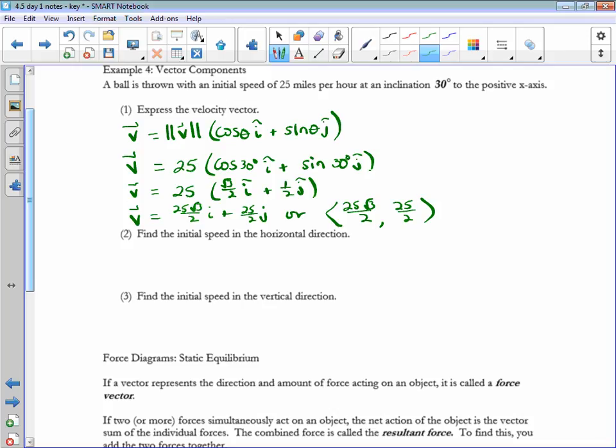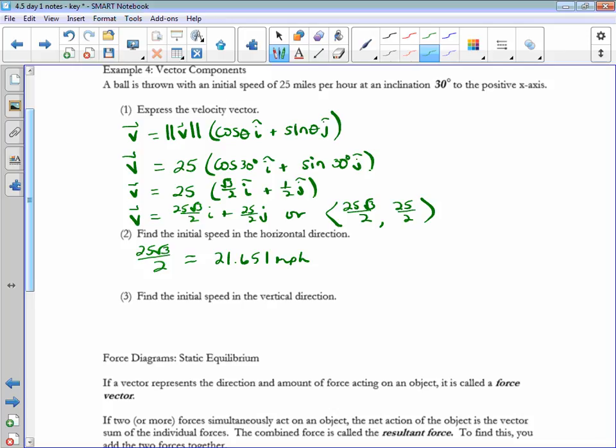Yeah, the x. So when it's asking you for the initial speed, I'm asking you for that x piece. So 25 root 3 over 2. If you had your calculator and used that, that's approximately 21.651 miles per hour.